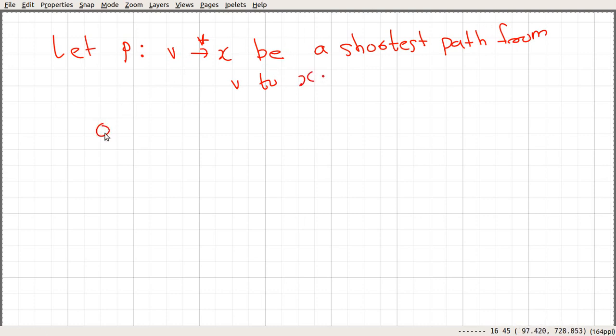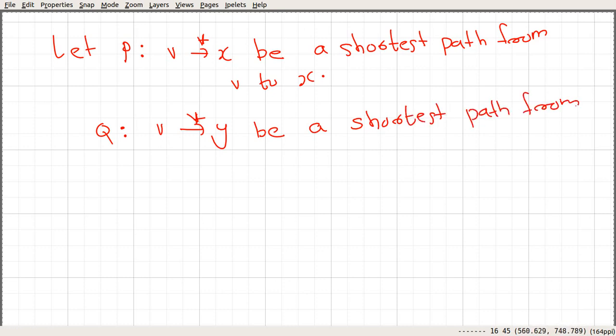And similarly, let's consider another path Q from V to y, and let that be a shortest path from V to y.